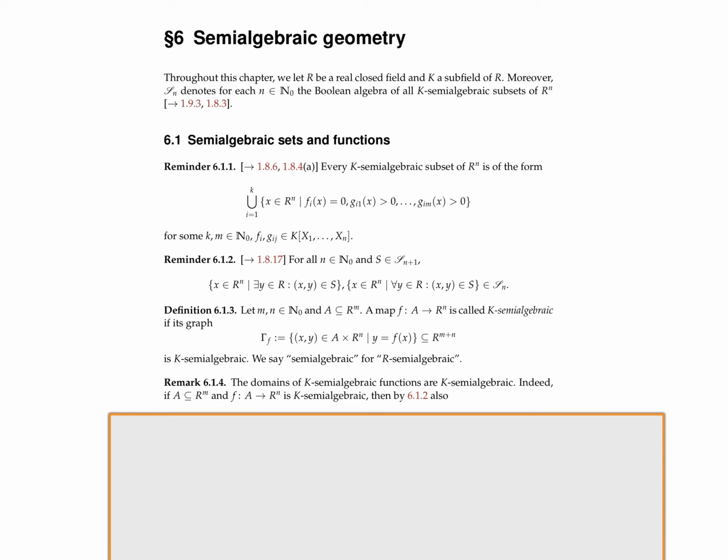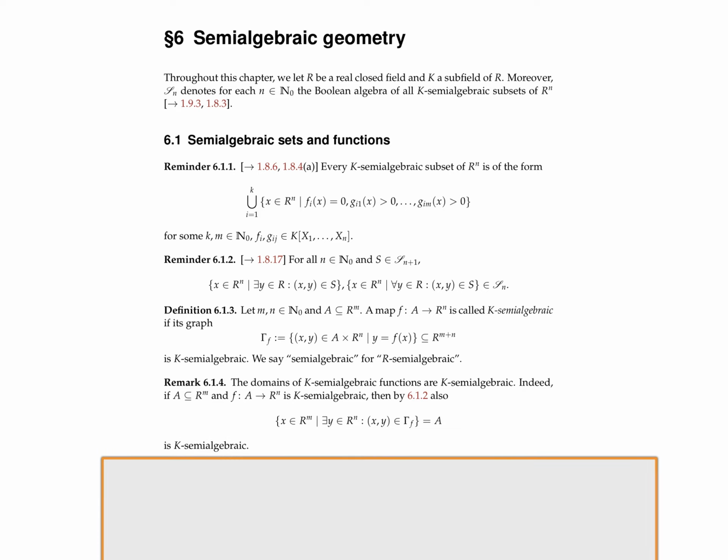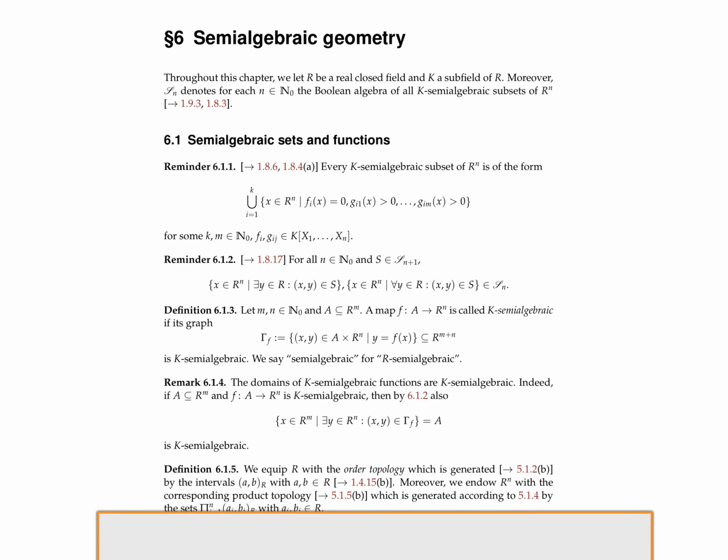Here I said that I can project away one coordinate, but by iterating this I can project away finitely many, and so that follows from this quantifier elimination. Yes, that's the explanation.